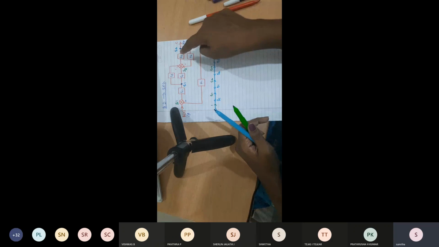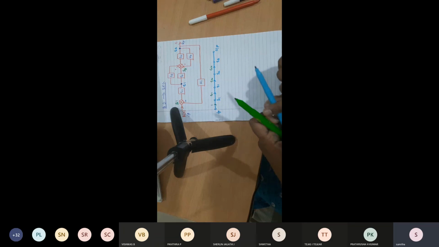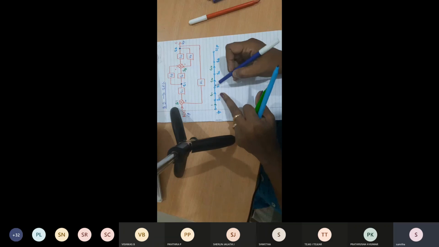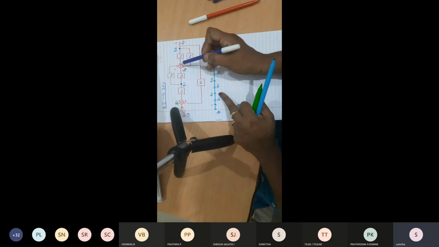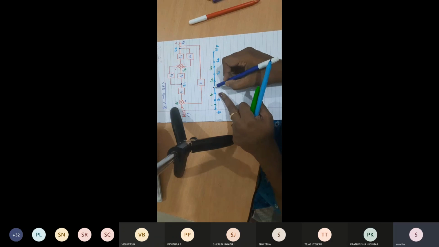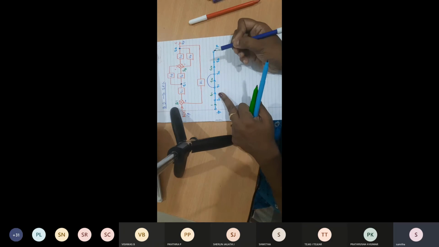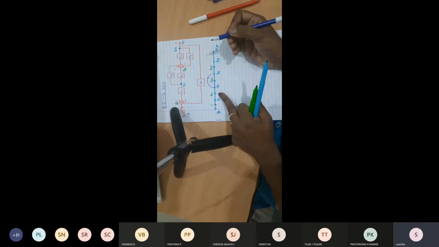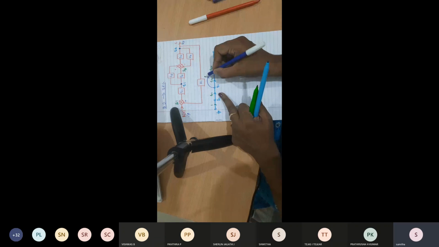This loop is there, this loop is there, we have to fill that. Next, from T1 to S2, I have another path here. The direction is given. It should reach S2 with a gain of G3.